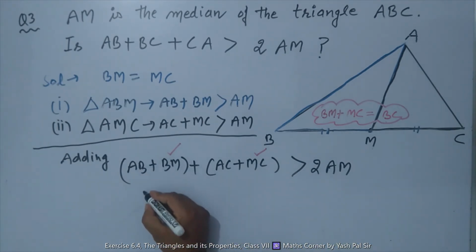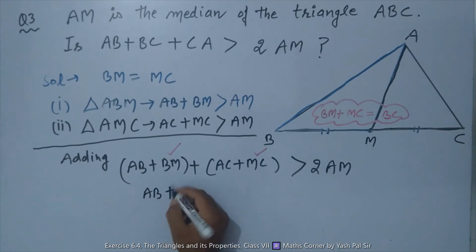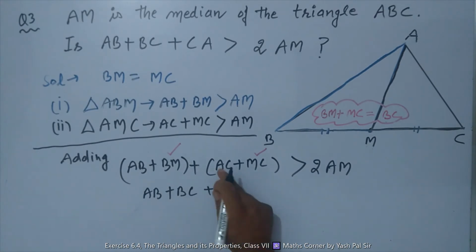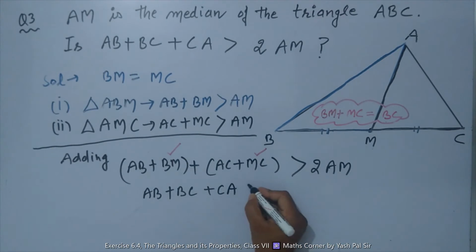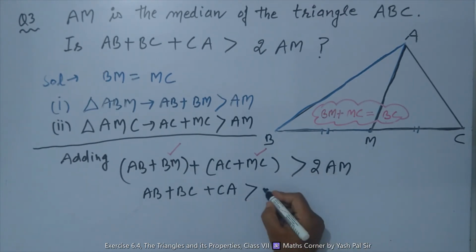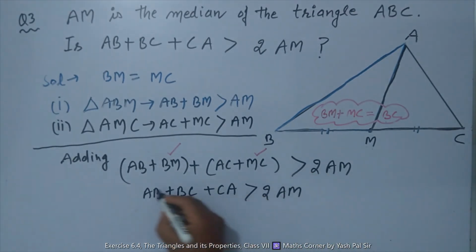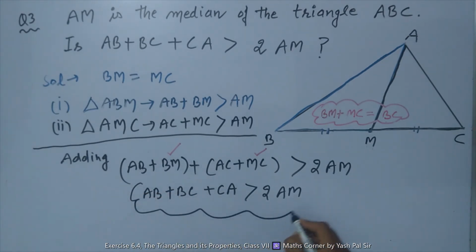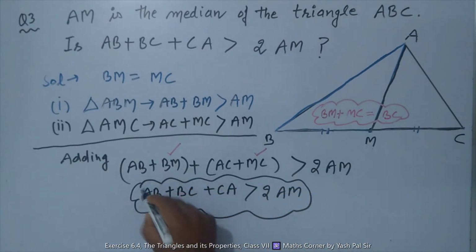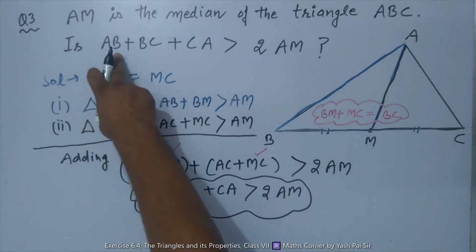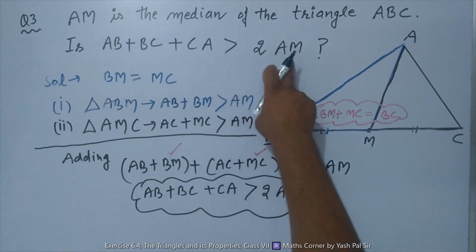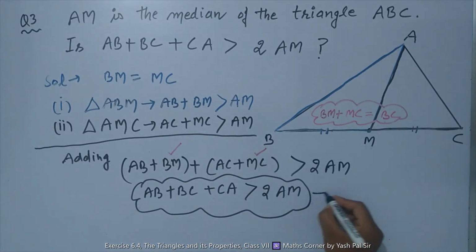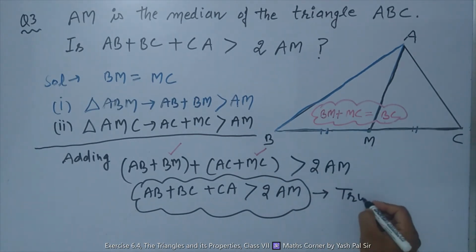We write AB plus BM plus MC becomes BC, plus AC, or we can write CA, greater than 2AM. So what is the conclusion? This was given: is AB plus BC plus CA greater than 2AM? So what is the answer? True. Yes, the given statement is true.